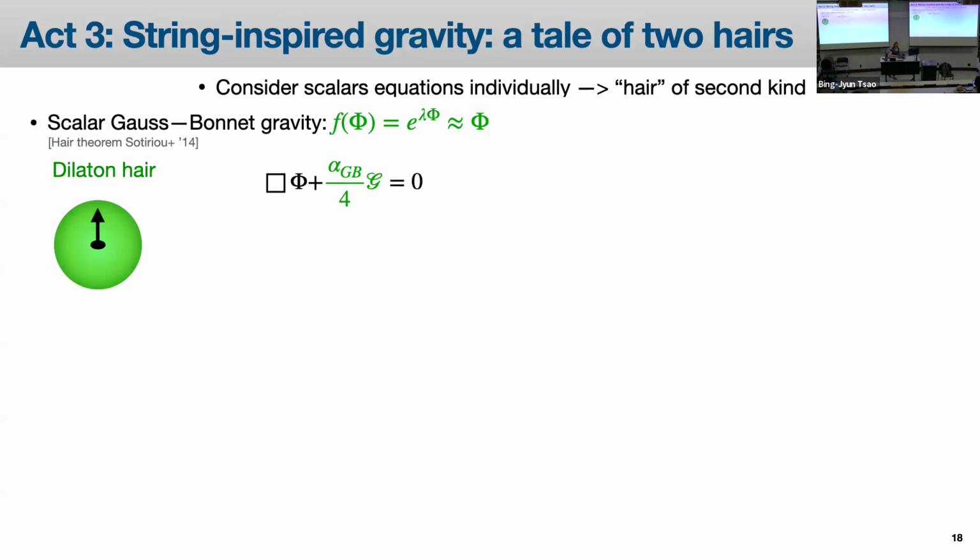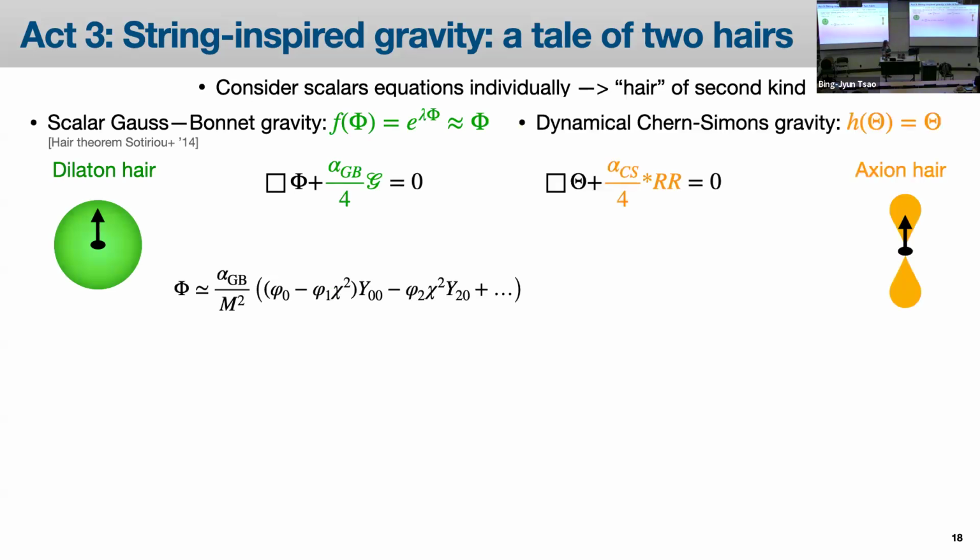From the dynamical Chern-Simons term, or the Pontryagin density, we will get a source for the theta field that goes like the Pontryagin density. So that actually gives you an L equal 1, M equal 0 dipole, just like we've sketched here on the side. And the form of these solutions are listed here.